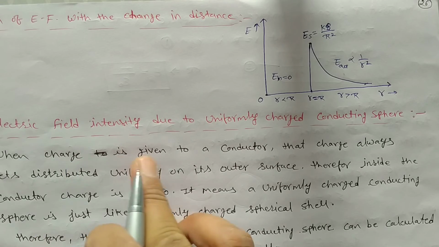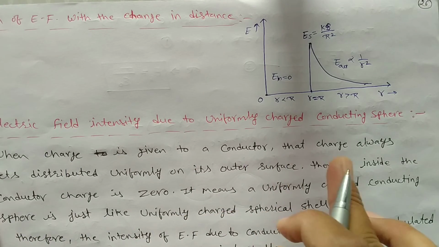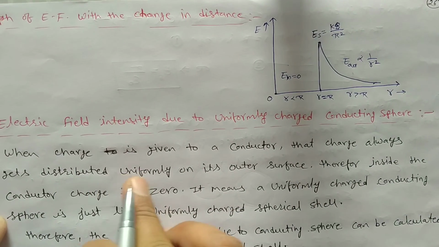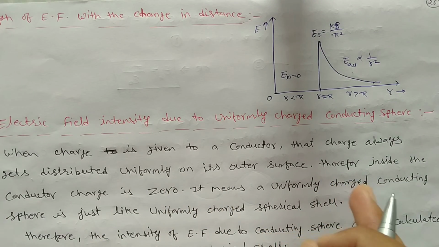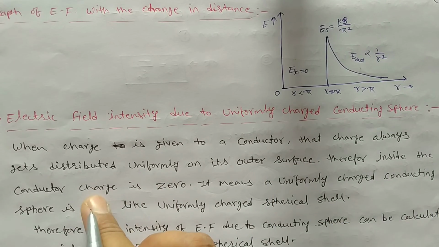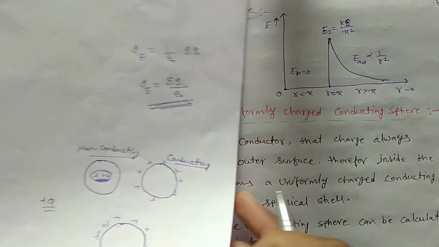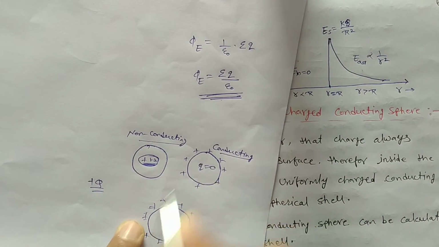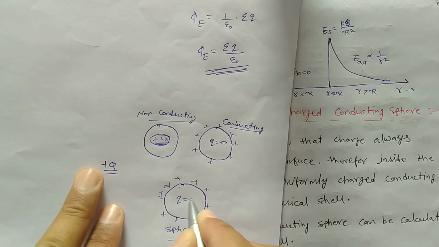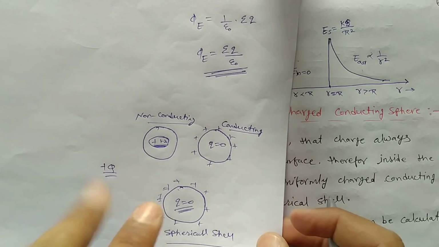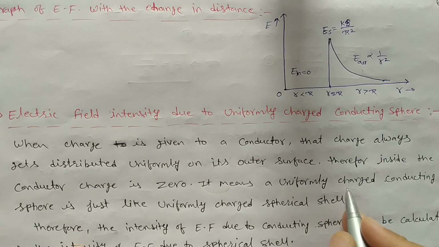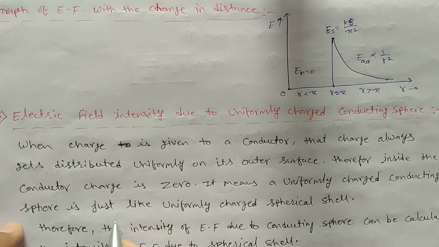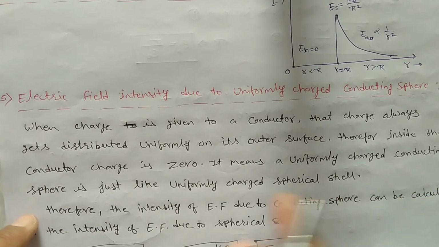When charge is given to a conductor, that charge always gets distributed uniformly on its outer surface. Therefore, inside the conductor charge is 0. Here we can see that charge q is equal to 0, and here charge q is also equal to 0. It means a uniformly charged conducting sphere is just like a uniformly charged spherical cell.